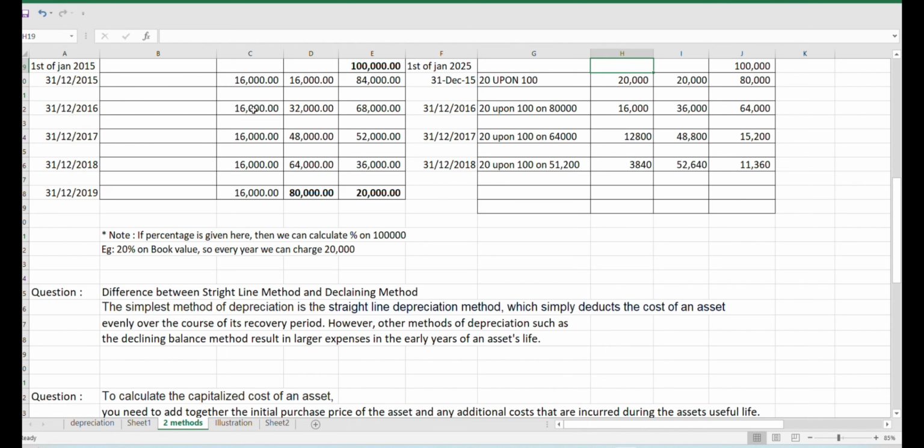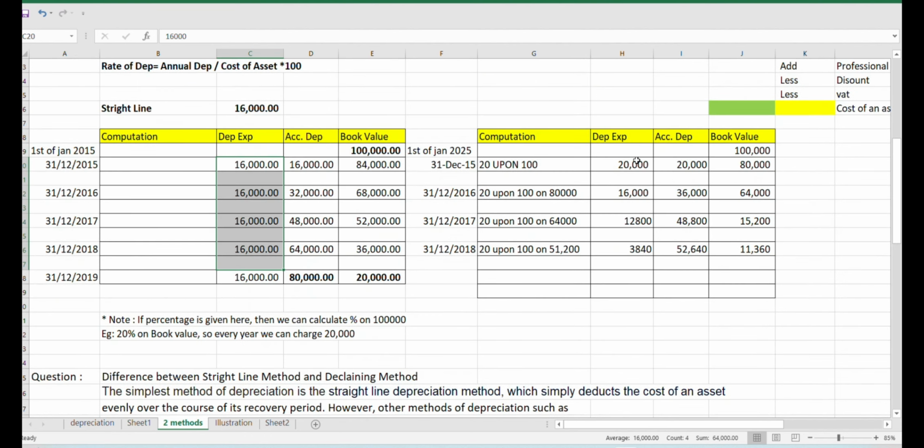That is 5 years in this example. However, the declining method results in larger expenses in the early years of an asset's life. You will have more expenses in the first year and less in the second and third, and very little in the fourth year.